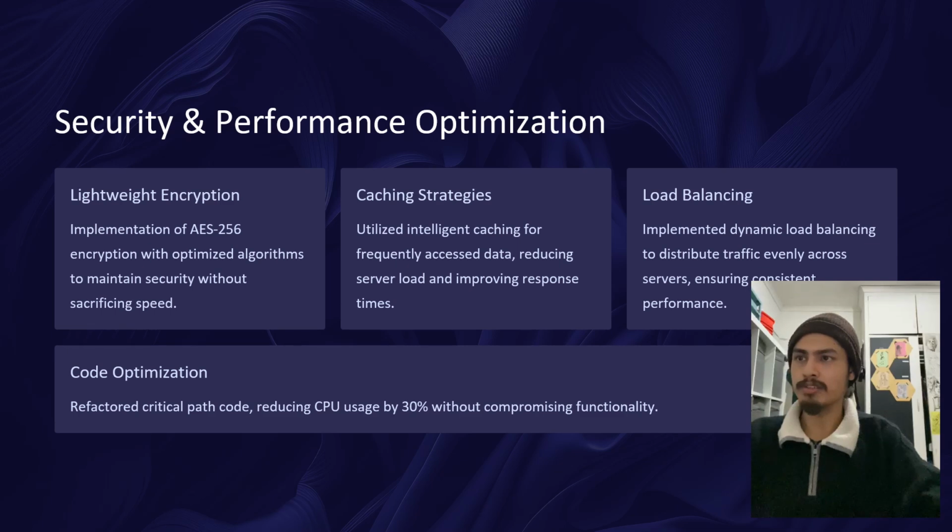Second one is a caching strategy. We implement caching for frequently accessed data. For example, if there is certain material that is accessed on a daily basis, then we put that in a cache. This reduced the server load and made the platform faster.